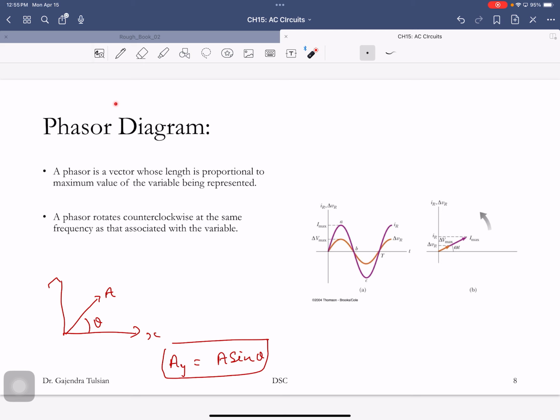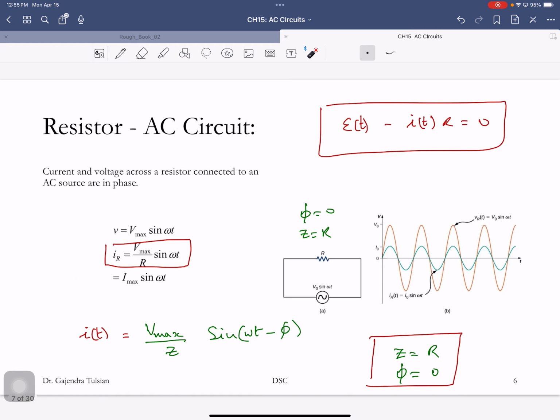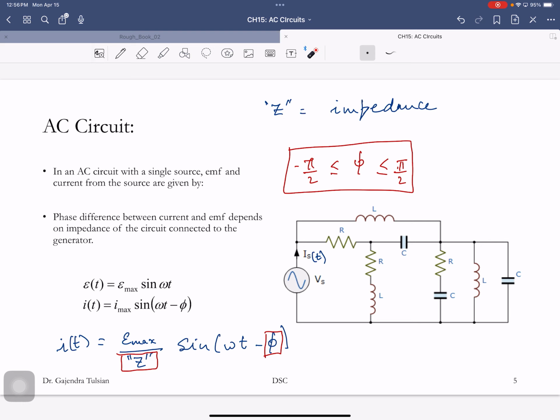What you're learning is a technique which will help you get around solving differential equations. Here's an AC source that you connected to this circuit. Ultimately what you'll be interested in is finding the current through each element. To solve for that current, you'll use Kirchhoff's laws, but you will end up having to solve differential equations.